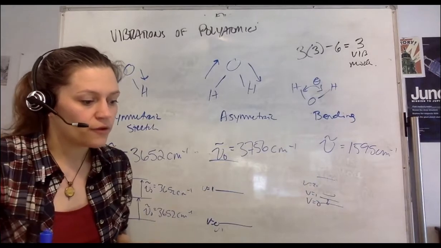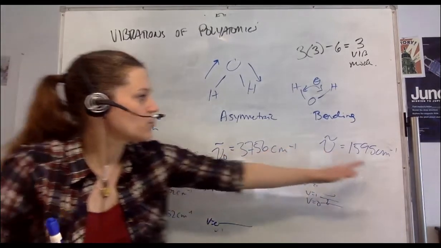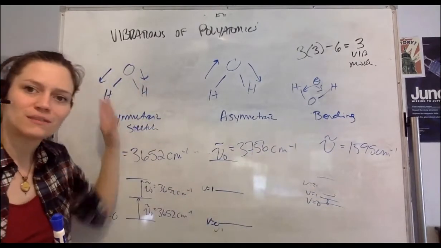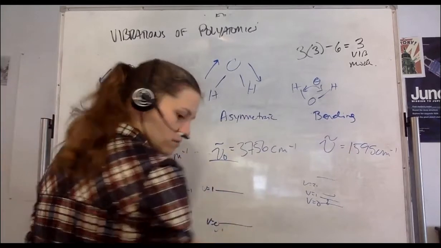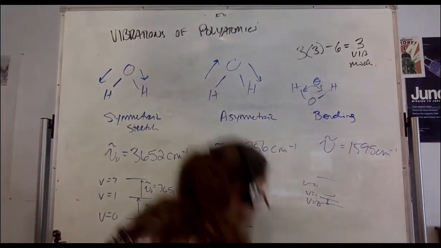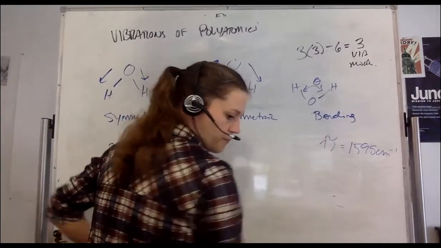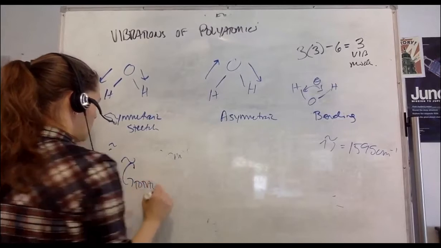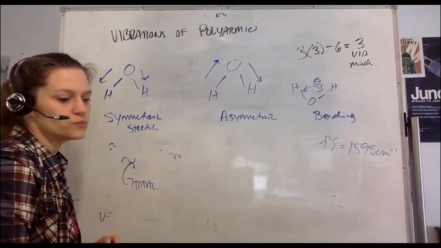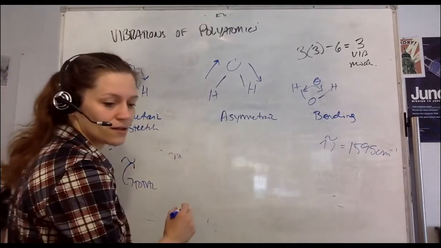Okay, the other thing that's nice about this is because these are separated out enough, these are symmetric modes of vibration. They have a G value, so they have a total vibrational energy that's each one of these added together.